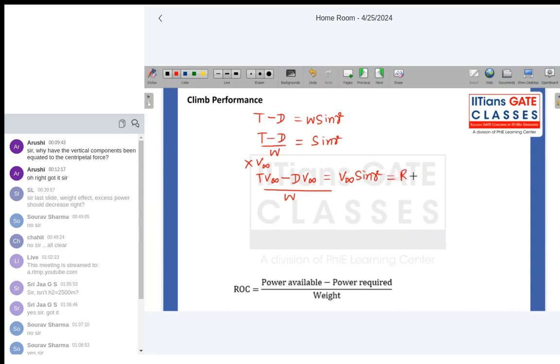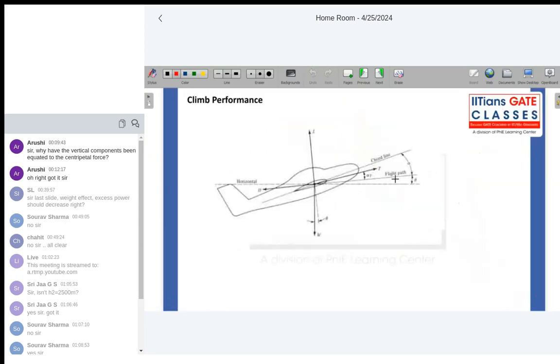V infinity sin gamma is the rate of climb. This is your free stream velocity direction.